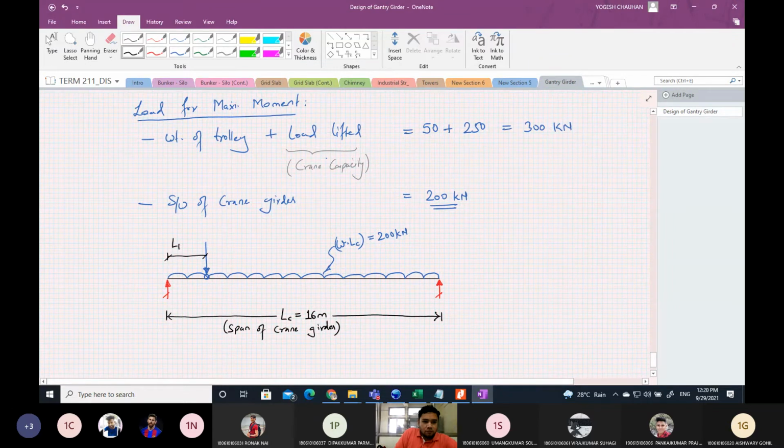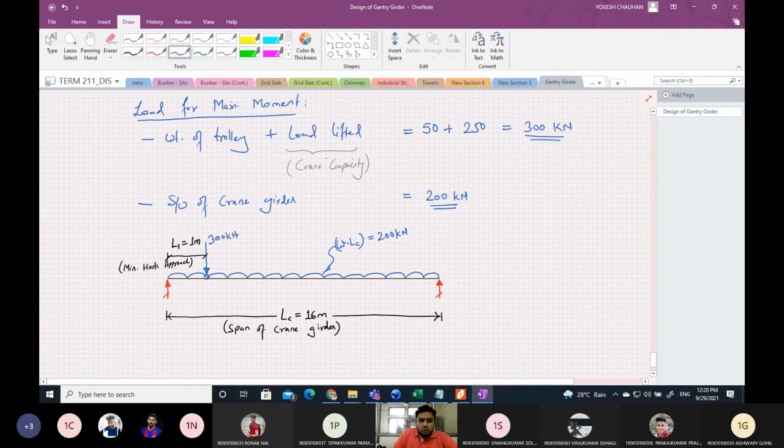This we call L1, which is equal to 1 meter. This is nothing but the minimum hook approach. And this is 300 kilonewton.